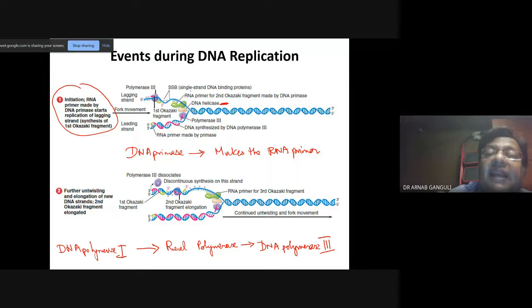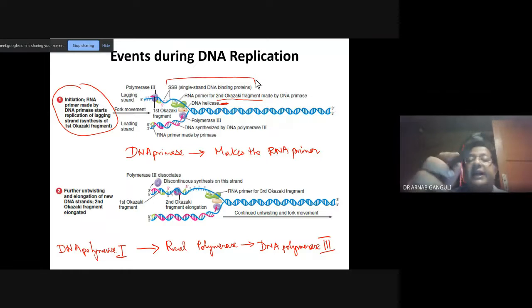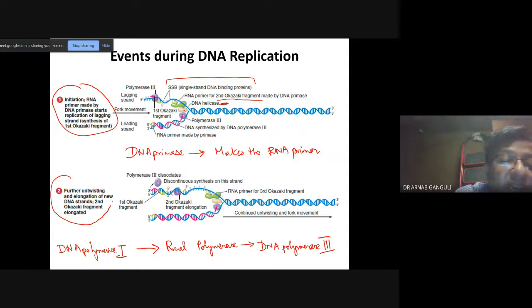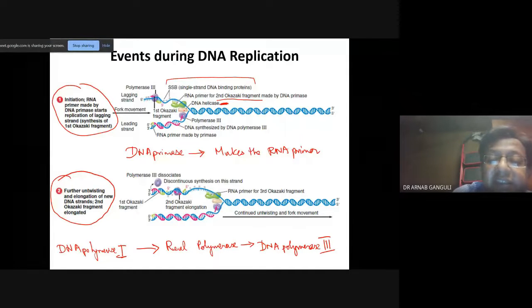Then the RNA primer for the second Okazaki fragment is made. Polymerase 3 binds. On top of it, you can see SSBs are also binding. And the same thing is taking place. Then further untwisting and elongation of new DNA strands. This is further opening, and you have little Okazaki fragments being made over here.